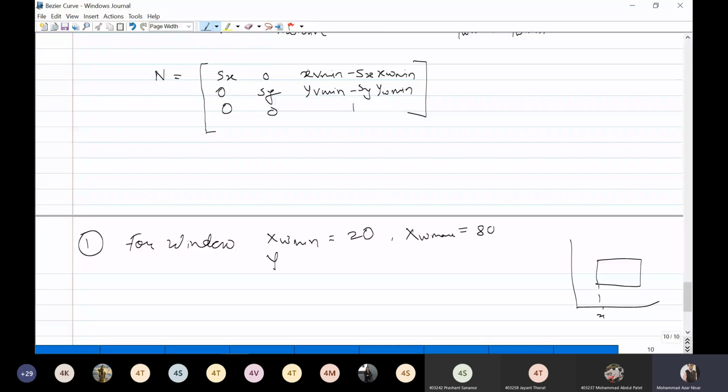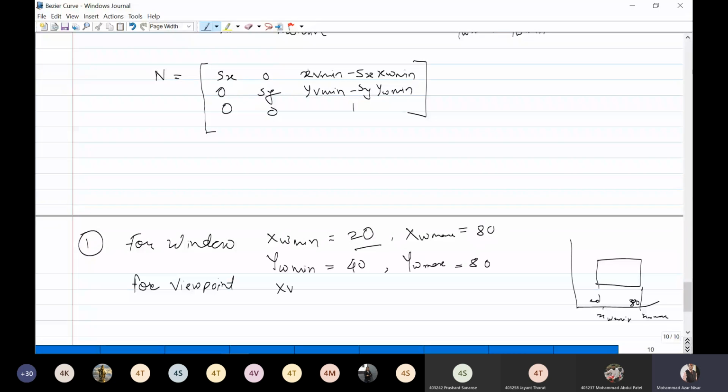This is the window, so xw minimum is 20 and maximum is 80. And similarly yw minimum given is 40 and yw maximum is 80. So for these they have given the problem, and they have also given the viewport coordinates.